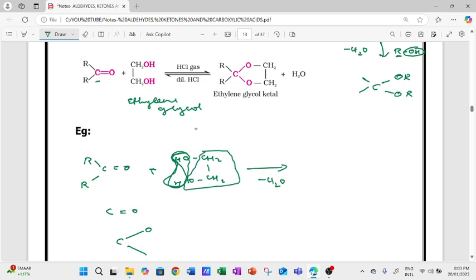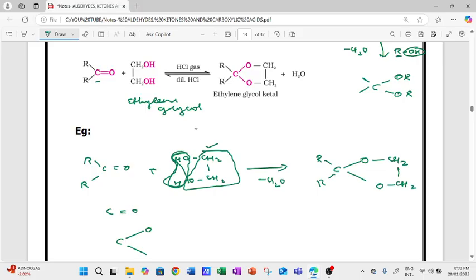After the elimination of H2O, CH2O remains. That attacks with this part. It means I'll write it RCR. After that, that bond splits in this way. One side is oxygen. The side where there is oxygen is attached with CH2, the CH2 from ethylene glycol. And after that, you write the next CH2.